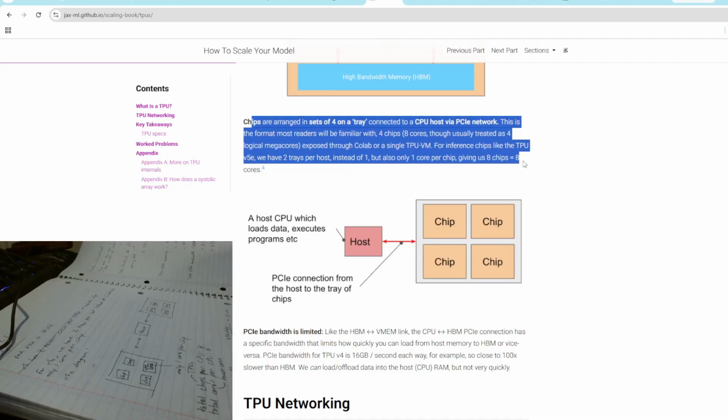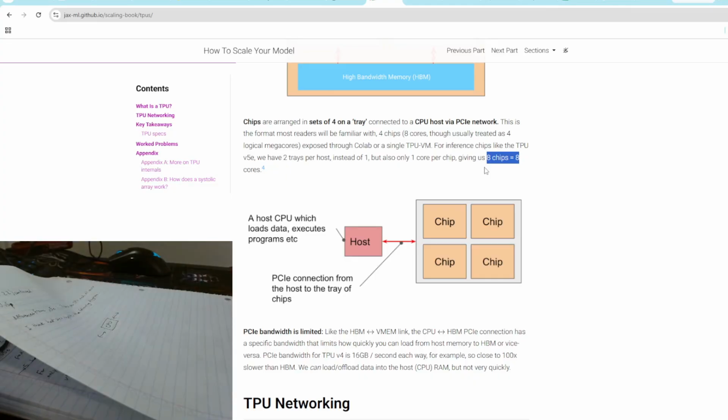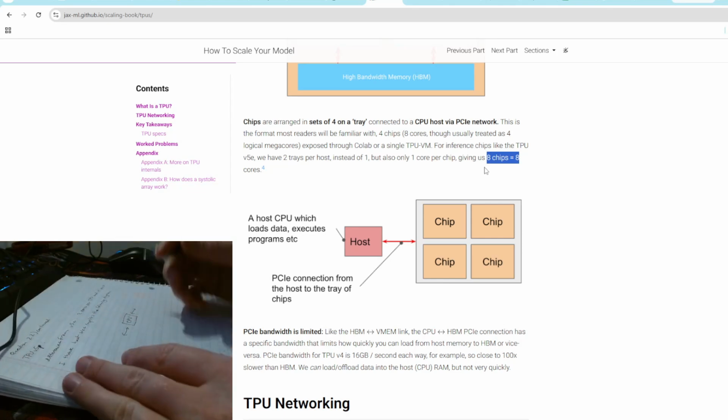There's 8 chips. Eight chips equal 8 cores. But it's not saying 8 chips per CPU, is it? So I have a feeling that this is wrong, but let's continue with the V5E for now, just in case.